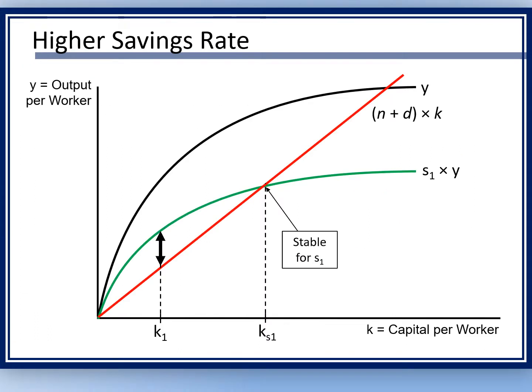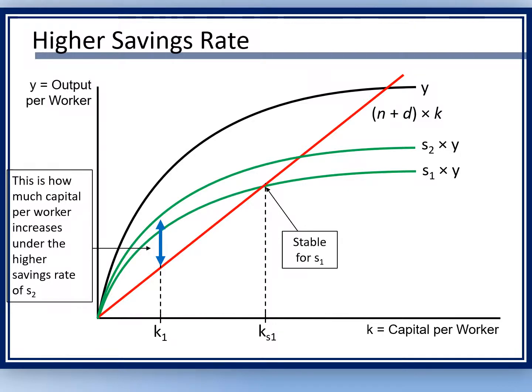Right, so in this model, the savings rate is just a number that is fixed. So we can ask what happens if you have a higher savings rate. If you have a higher savings rate, then you can see that the green line is higher in the diagram, which means that you are saving and investing more in any given period. Now, what would that mean? That means first that your capital is accumulating faster.